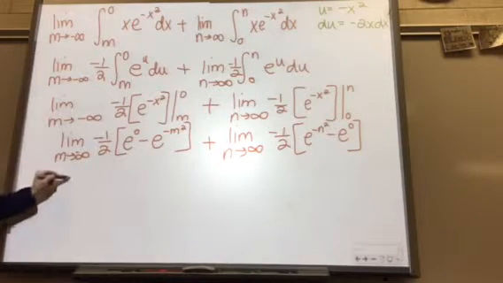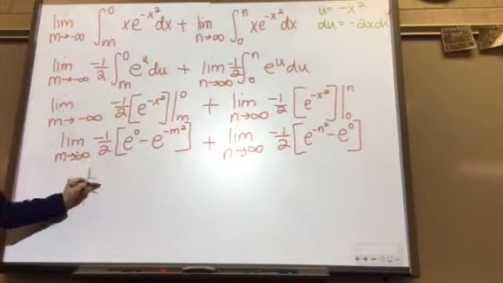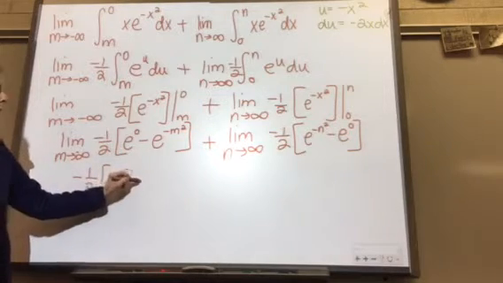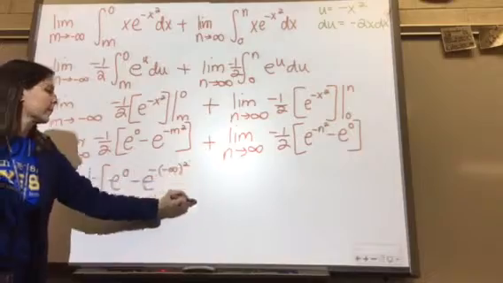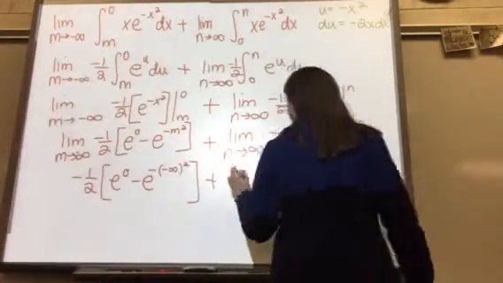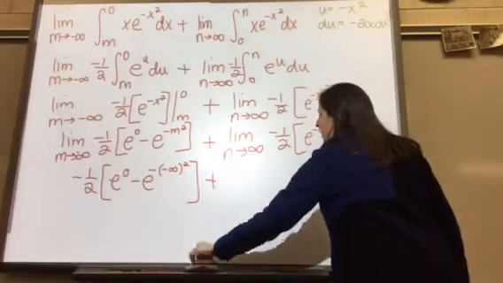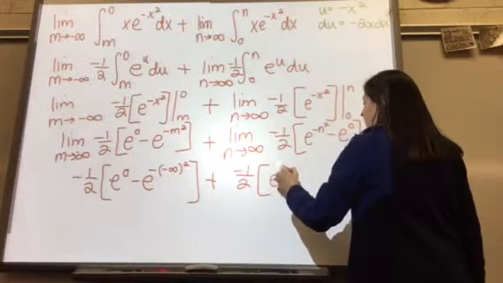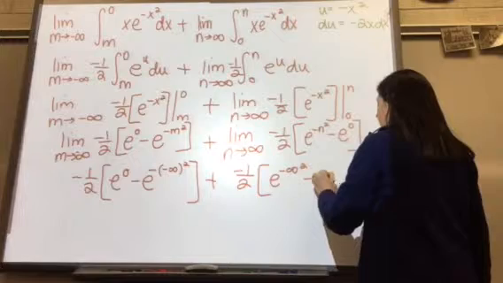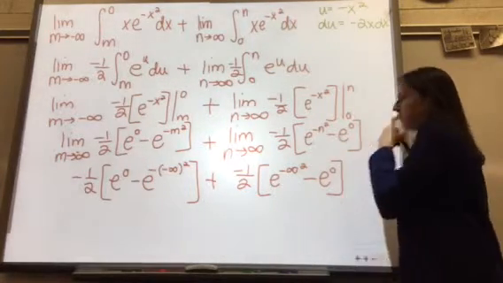All right. I'm going to go ahead and take my limits. So this is going to be e to the 0 minus e to the negative infinity squared. And this is going to be negative 1/2 e to the negative infinity squared minus e to the 0.